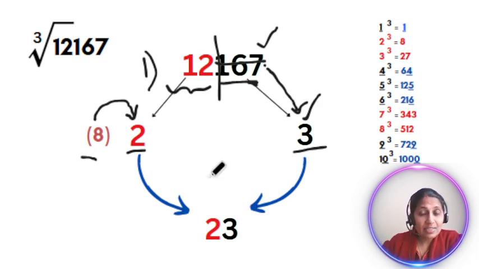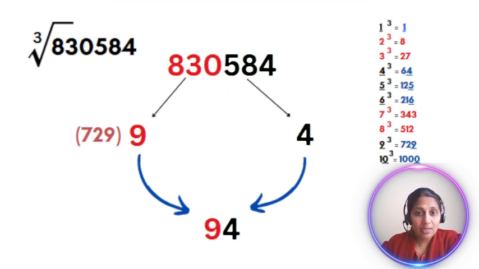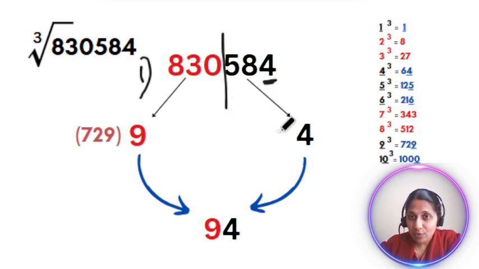Now let's see the same thing with another example. Take a bigger number, which is taking the cube root of 830,584. It seems to be a little bigger, but it's very easy. Only 2 steps, as I told you. First step, divide into 2. This number ends with 4. So obviously our answer should also end with 4.